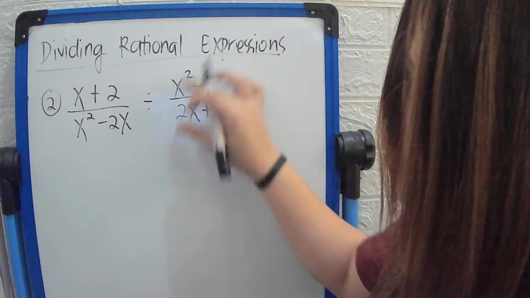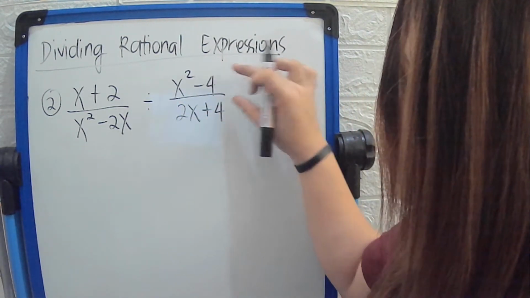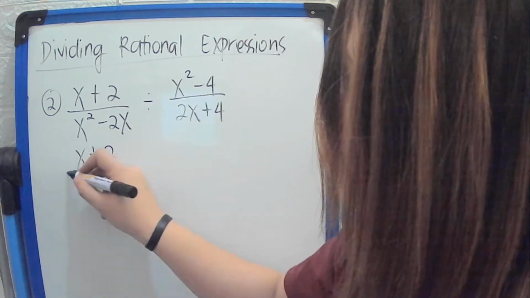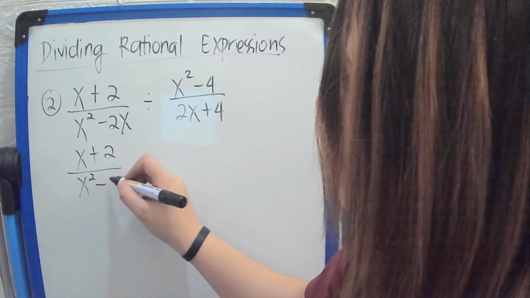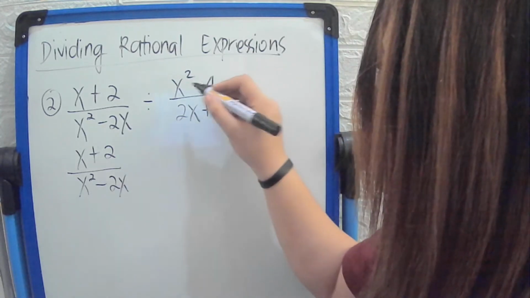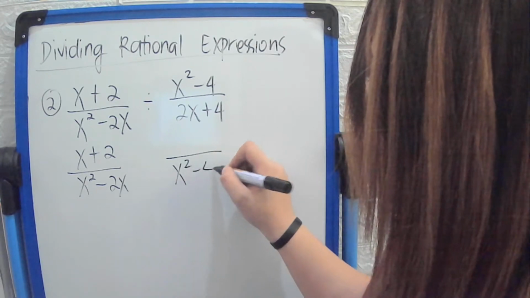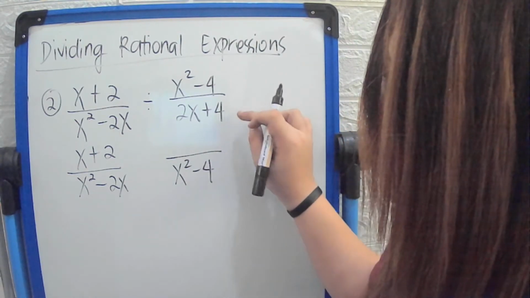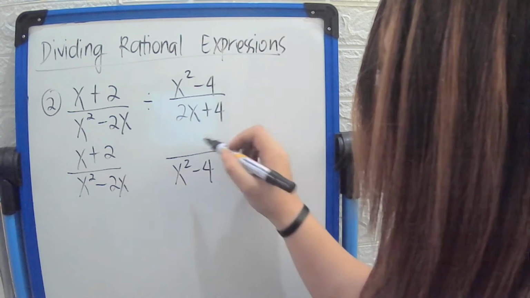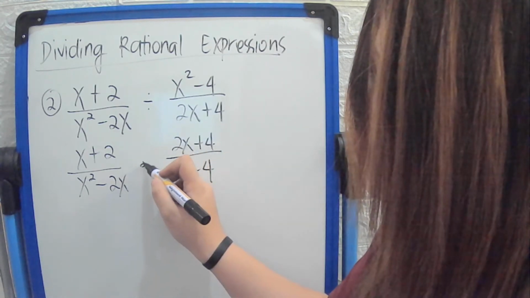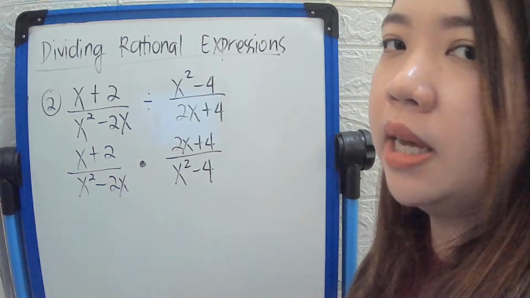Since this is your divisor, this will be reciprocated. So copy this one: x plus 2 all over x squared minus 2x. Then the numerator here will be your denominator, so x squared minus 4. And then your denominator here will be your numerator, so 2x plus 4. After reciprocating, you proceed to multiplication.